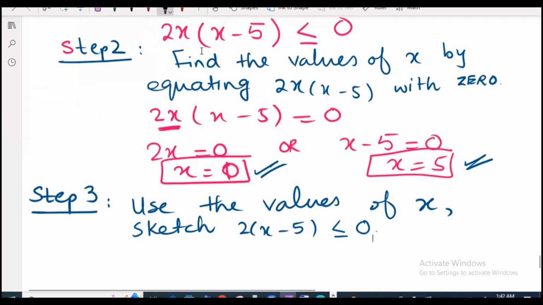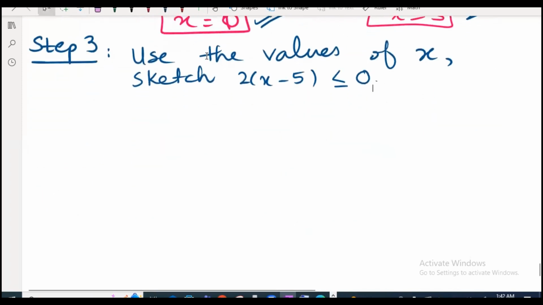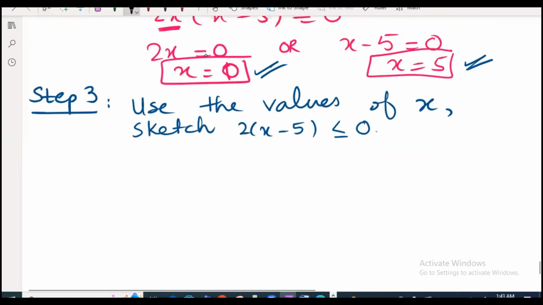We have the values x equal to 0, x equal to 5, and you should know x into x is positive x square. When positive x square is here, this type of parabola will be sketched.